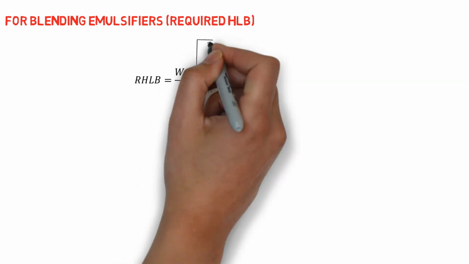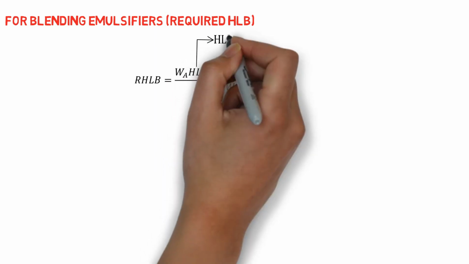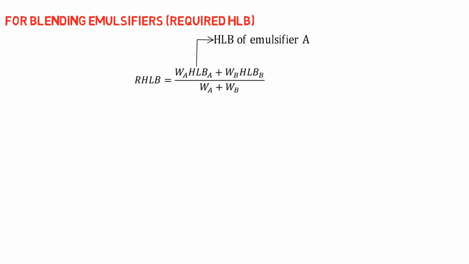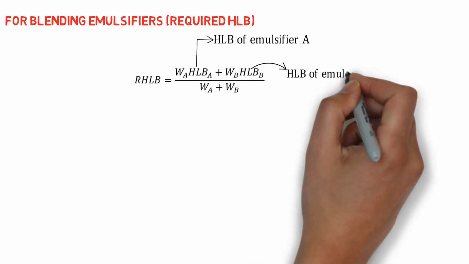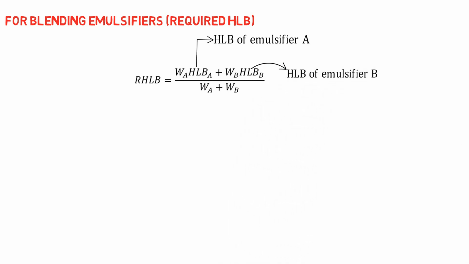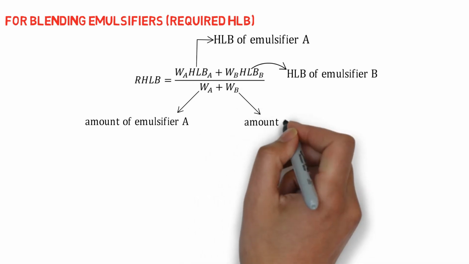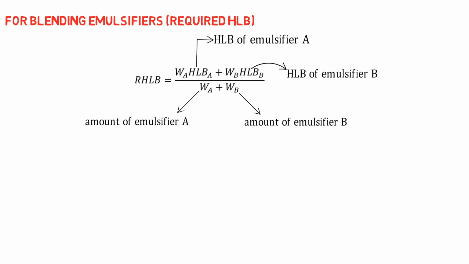In this formula, HLB A is the HLB of emulsifier A, while HLB B is the HLB of emulsifier B. WA is the weight or mass of emulsifier A, whereas WB is the mass of emulsifier B.